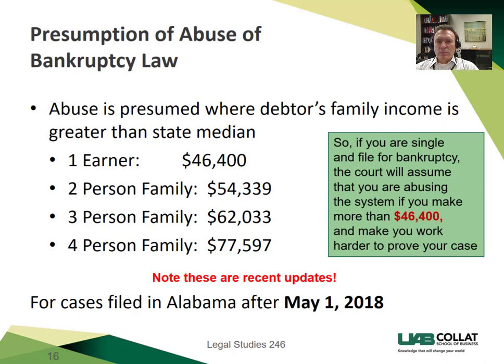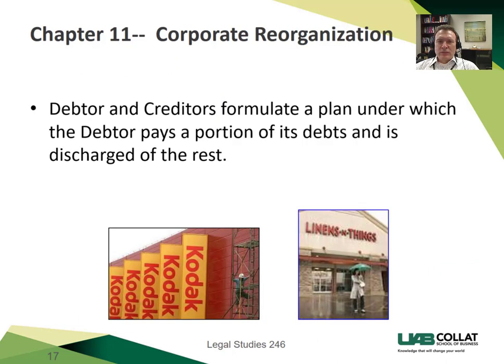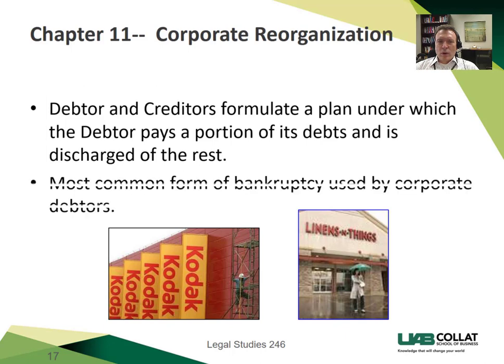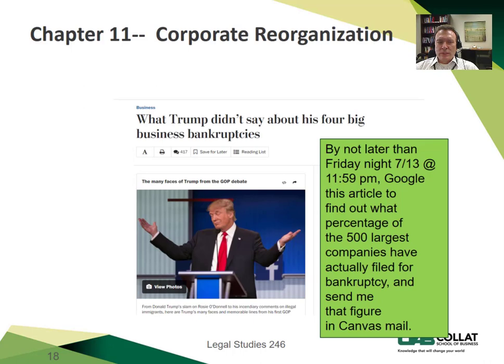It won't be impossible, but you will have a harder time of getting through the bankruptcy process than if you made less than that. Businesses that file for bankruptcy under Chapter 11 are allowed to stay in business, whereas under Chapter 7 they would liquidate and go out of business.